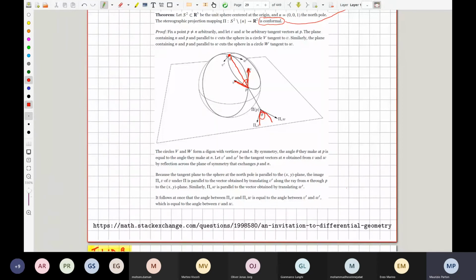In particular, this sphere means that this map, apart from the North Pole, is a bijection. Okay, and if I say that the North Pole actually is also going to a point, which is the point at infinity, you can accept this.